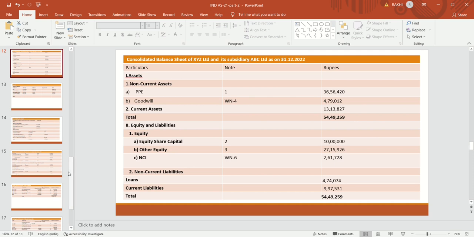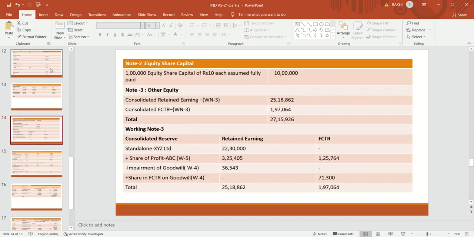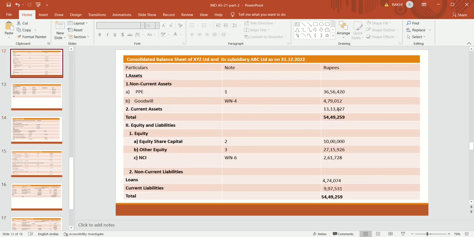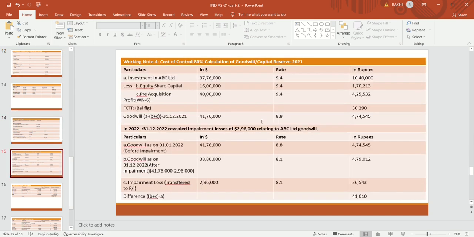And now non-controlling interest, and we also take the goodwill, that is the goodwill calculation. Goodwill is 4,79,012, that is here, 4,79,012. This we will take into retained earning.